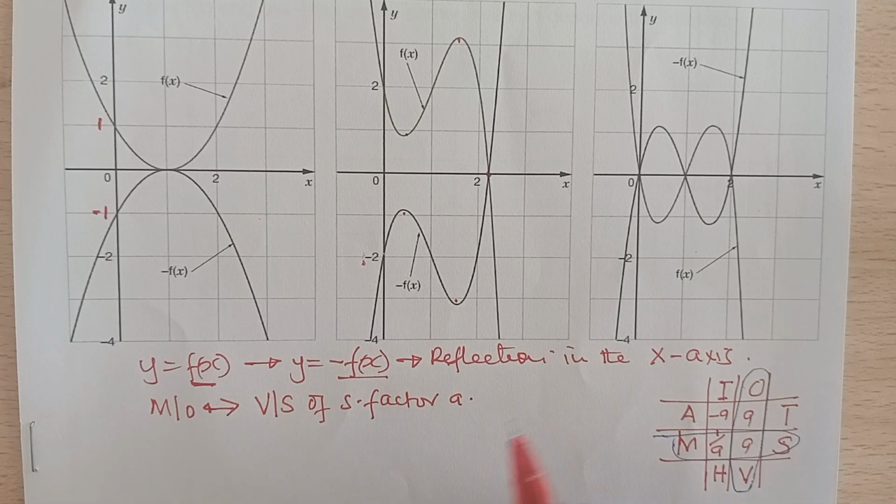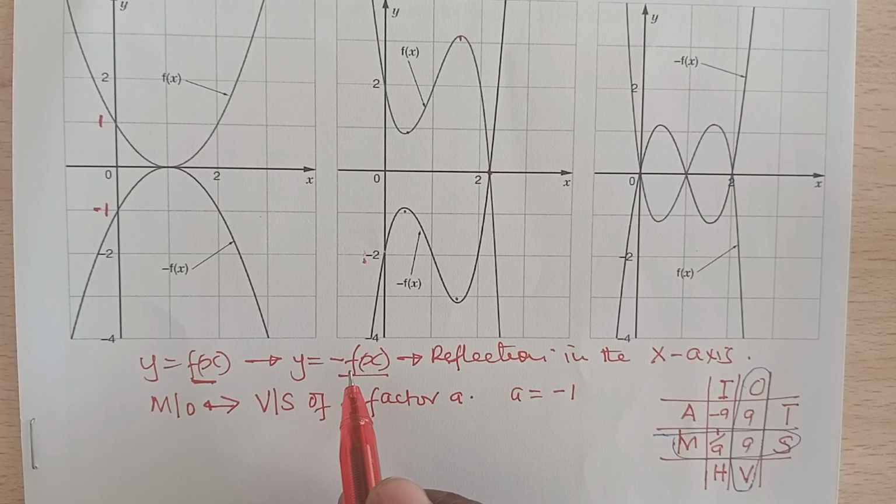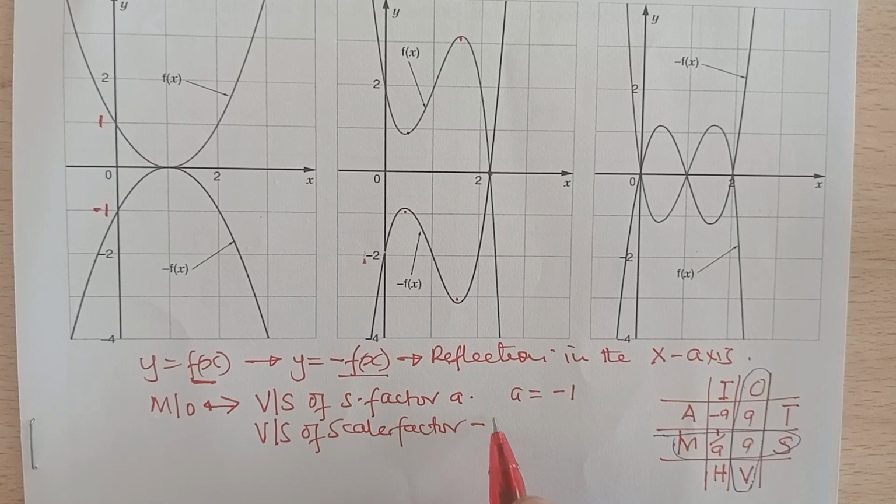And what is our a? Our a is -1, as you can see here. The whole function is multiplied by -1. It means, therefore, this is a vertical stretch of scale factor -1.